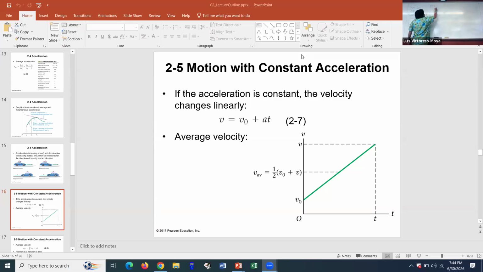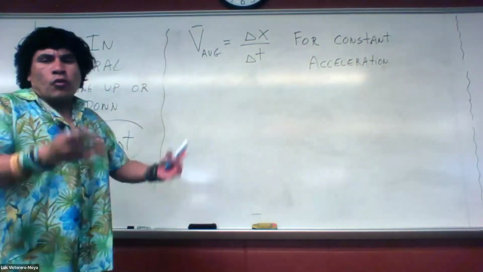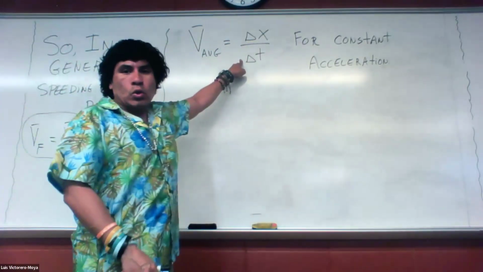Now, your average velocity is defined like this for constant acceleration. So that's another assumption that we do. And for free fall, for example, it's okay. For free fall, or for anybody that has constant acceleration, that's true.